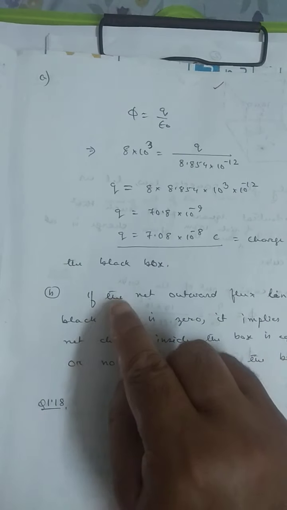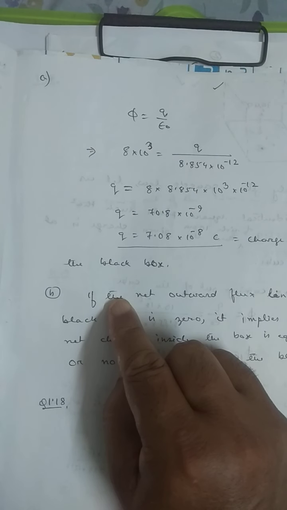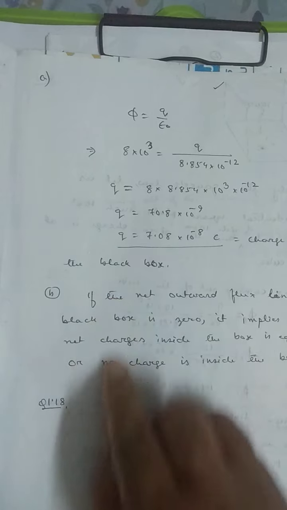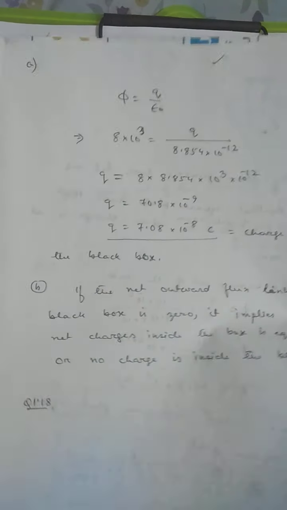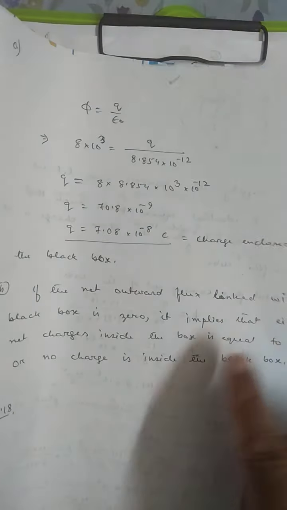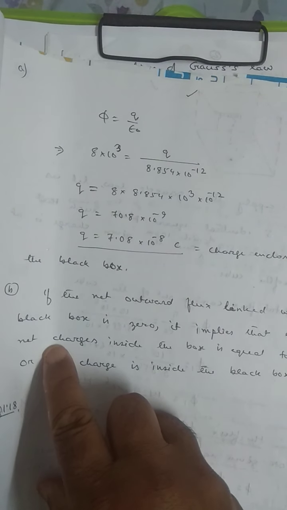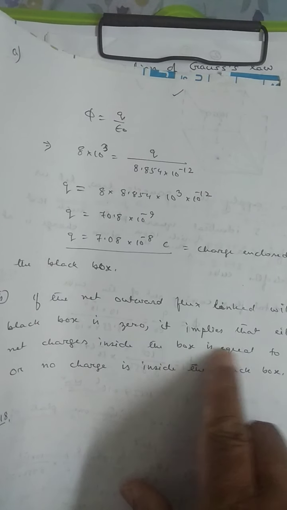That means inside the black box there are two charges or three charges, and the magnitude of total positive charge is equal to the magnitude of total negative charge. So therefore it implies that inside the black box the net charge is equal to 0.